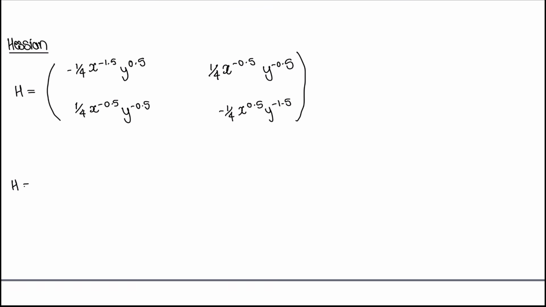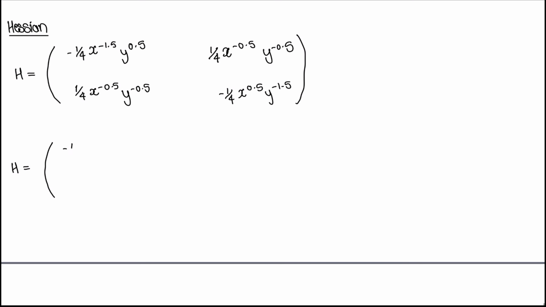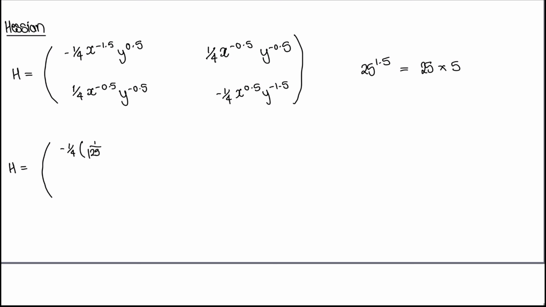If we now substitute in our optima, we get minus 1 over 4 multiplied by 1 over 125. That is because 25 to the power of 1.5 is just 25 times 5, which is 125. But this is negative, so we write that as 1 over 125.